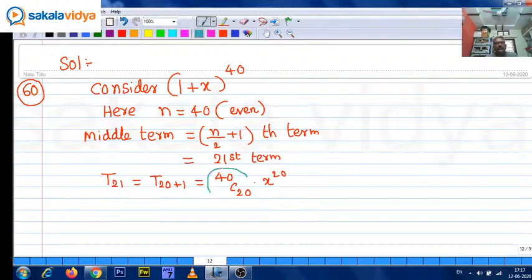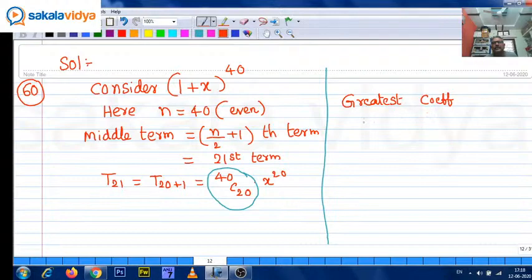Therefore, the greatest coefficient is equal to 40C20. This is the answer.